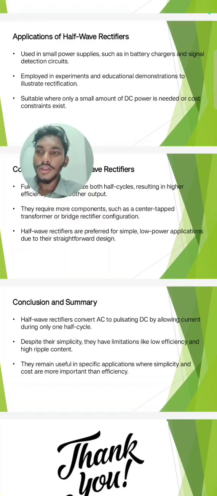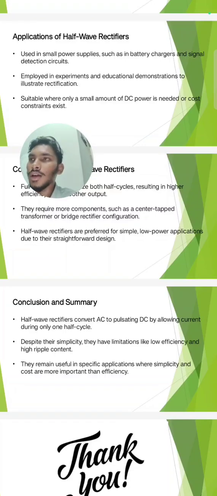The ripple factor of the half wave rectifier is 1.21. Its typical value is very poor. The ripple factor must be low if you want higher efficiency, but this is very high, which means it's poor.